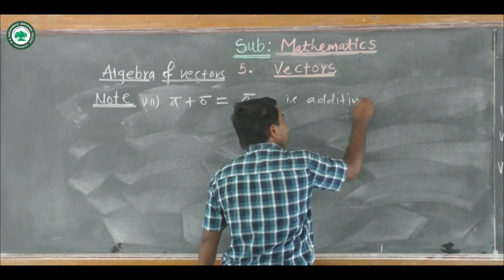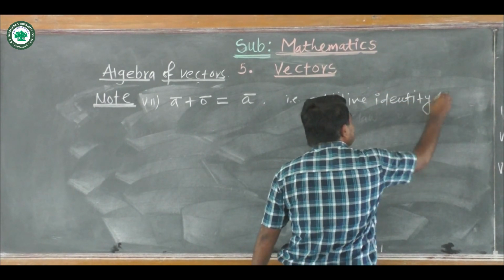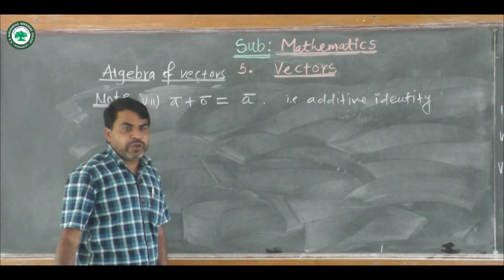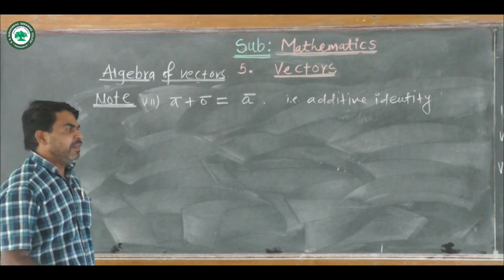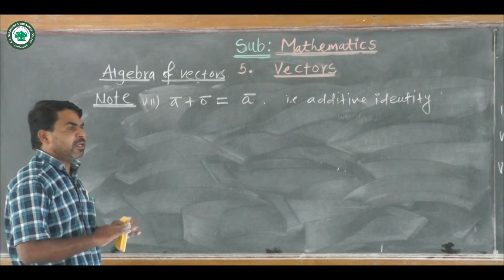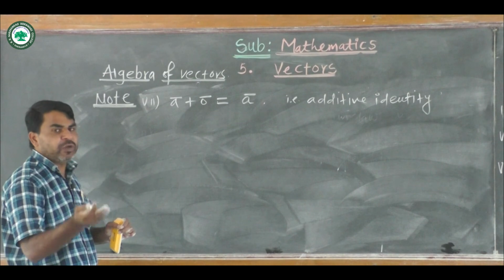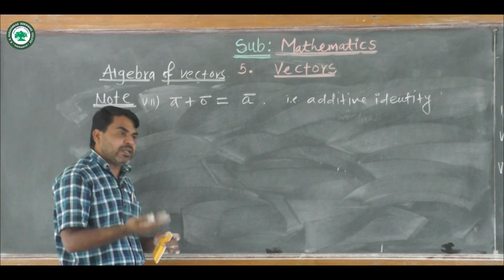Additive identity means if we add the 0 vector to any vector, then that vector does not change. Means 0 vector plus vector A is equal to vector A, or 0 vector plus vector B is equal to vector B.